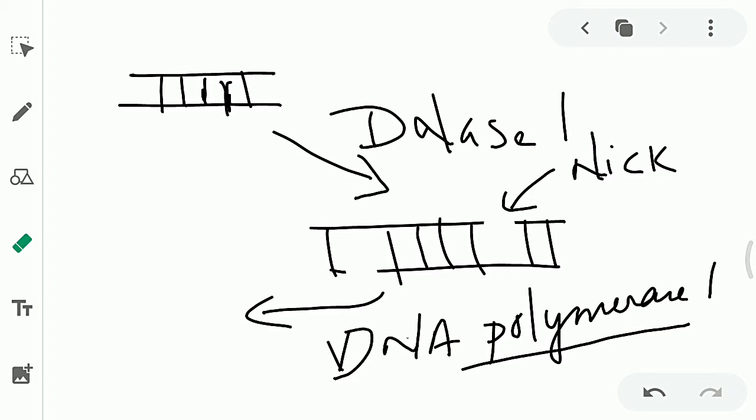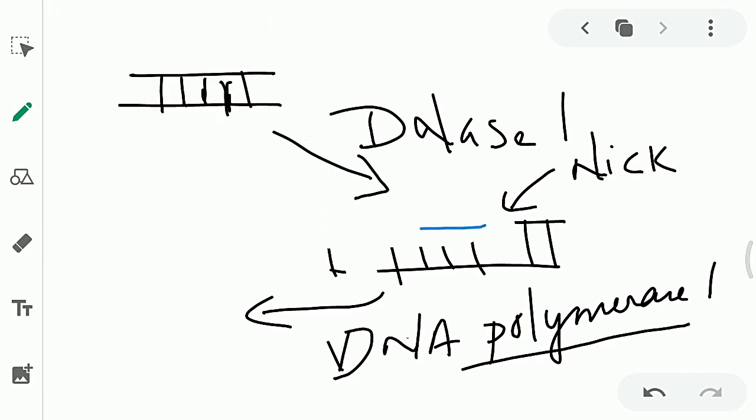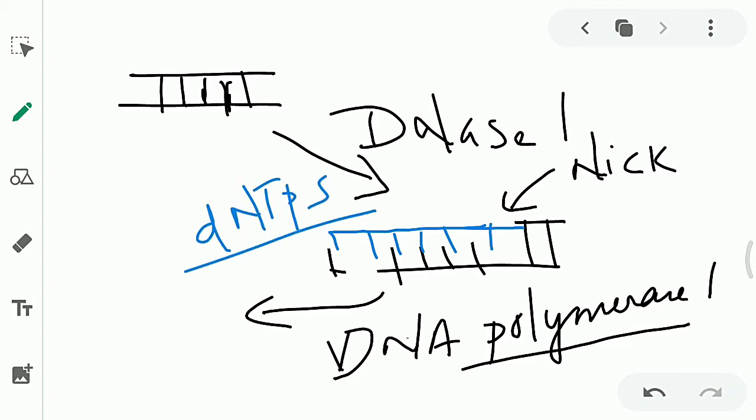Let us see what happens here. सपोज हम इस स्ट्रैंड को निकाल के अब नया स्ट्रैंड यहाँ बनाएंगे, DNA पॉलीमरेज. जब ये नया स्ट्रैंड बनाते हैं, then we will give in the medium fluorescently labeled dNTPs. dNTPs मतलब A, G, T, C, which are given in the medium, they are labeled.